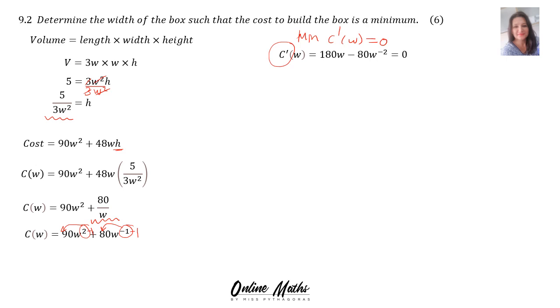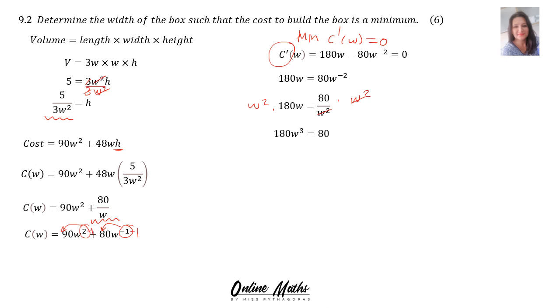And now you just have to solve for W. So what I did was I took the -80W to the -2 to the right, and now I'm going to take that W to the -2 down to make it positive. In the next step I'm going to multiply with W squared this side and that side to make sure that it's the subject of the formula.